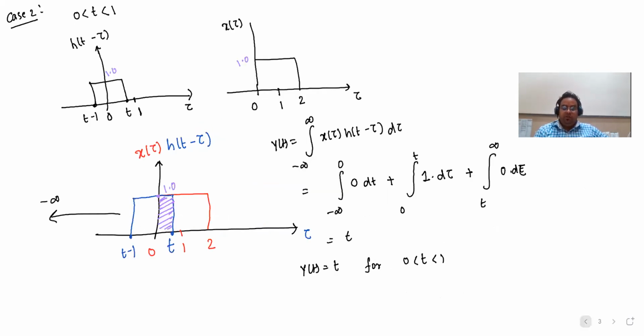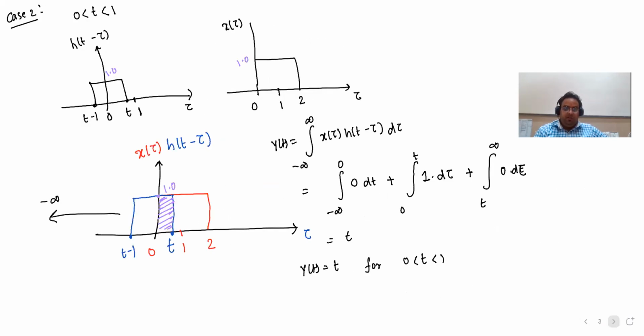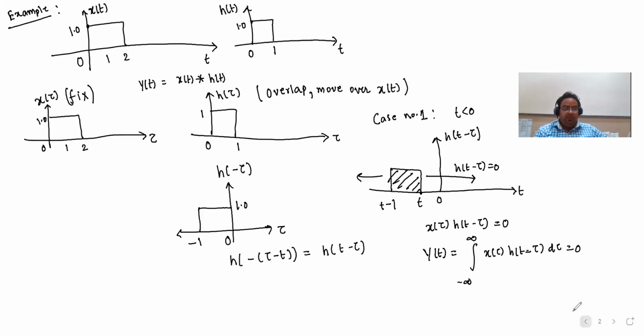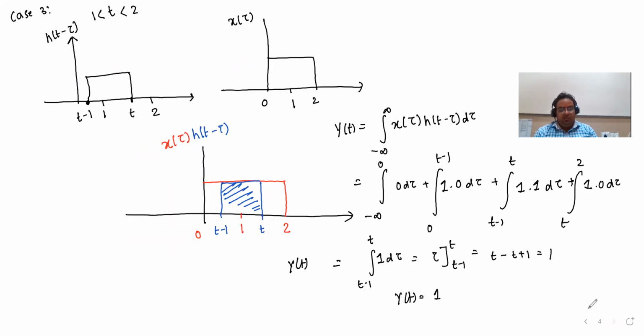You can see that in the previous cases, we took t less than 0 initially. That was our first case. The second case was when t was lying between 0 and 1. The third case is when t is lying between 1 and 2, where y of t is equal to 1.